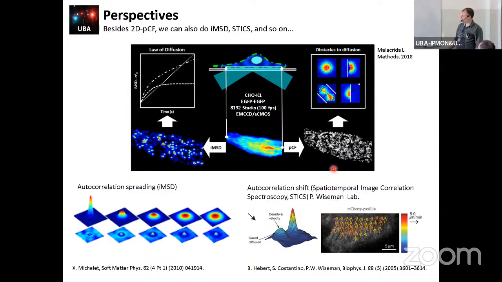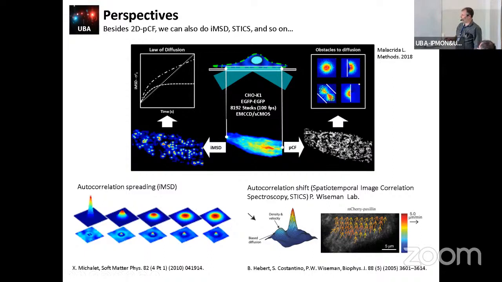One point that I didn't say, but it's important to highlight: in the anisotropy analysis, in the connectivity map, we know the preferential direction, but I cannot tell you if it's going in one direction or the other. It's the majority of the diffusion along this line, but I cannot tell you if it's going up or down. With this approach, you can measure the vector flow, so you can see in which direction the diffusion goes.